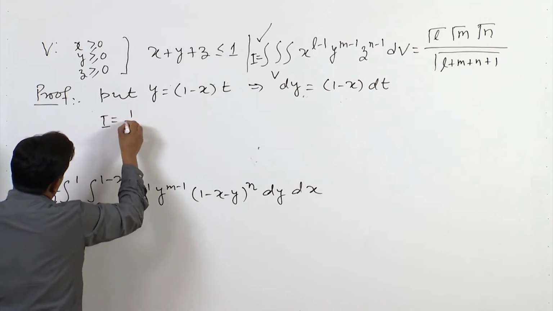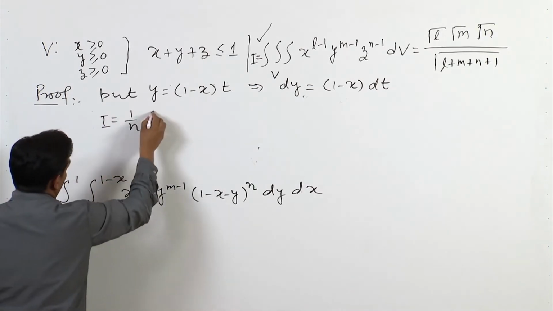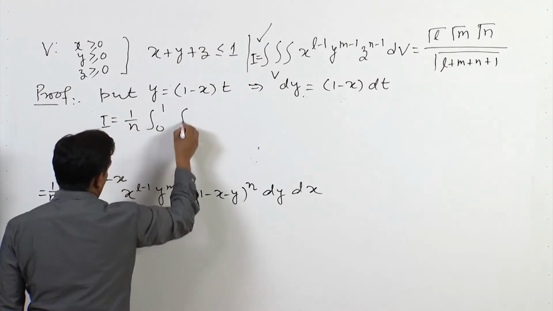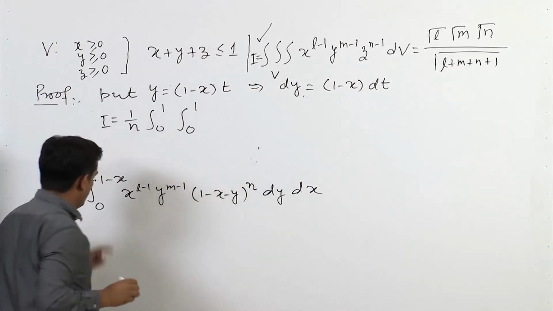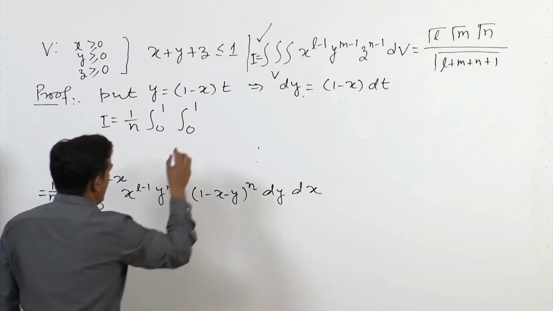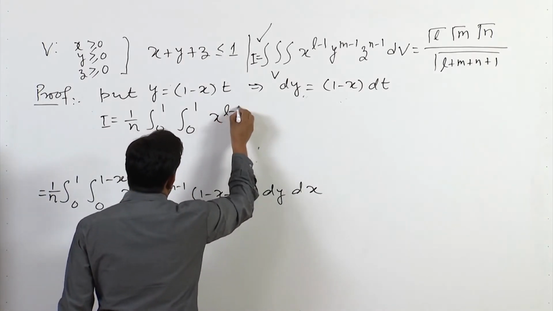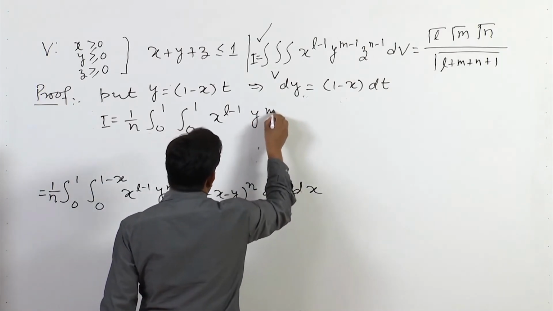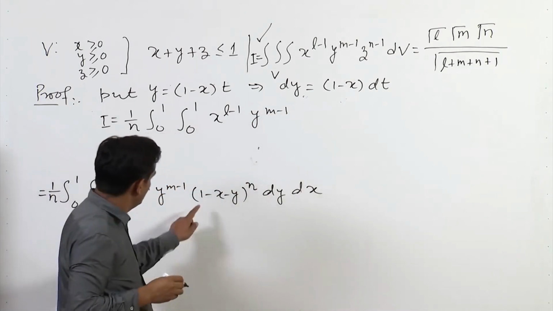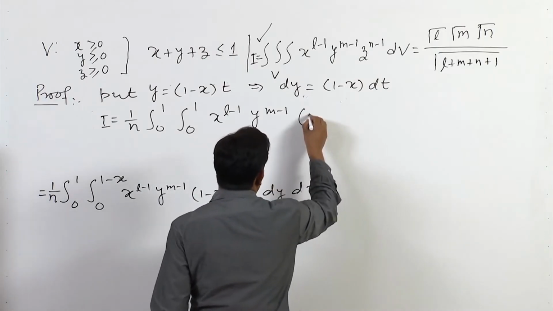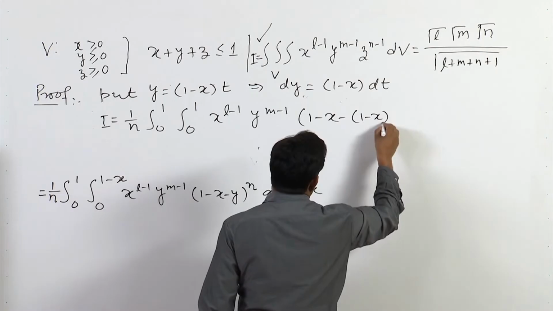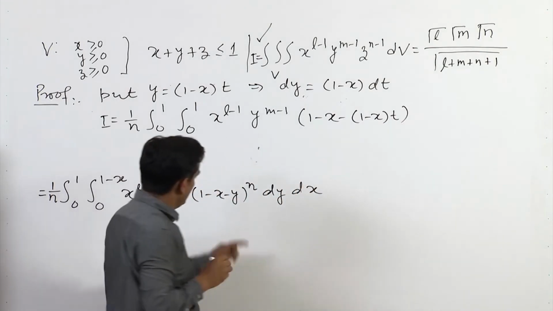So I will have 1 by n, integral 0 to 1, and as I told you the limit will become 0 to 1, x^(l-1), y^(m-1), and 1 minus x minus (1 minus x)t.